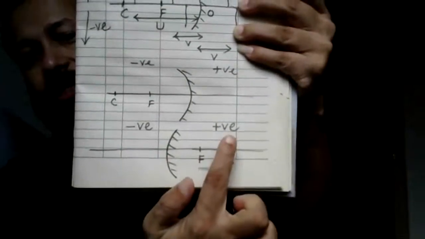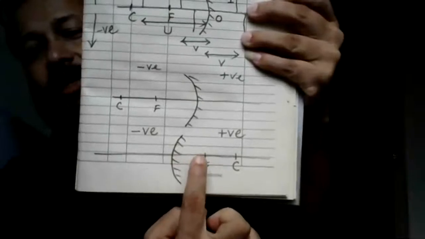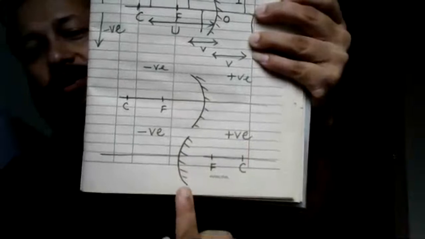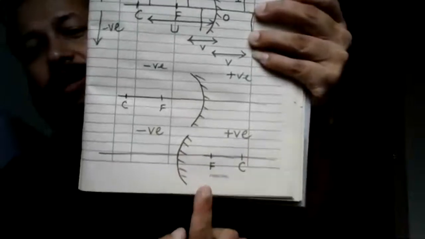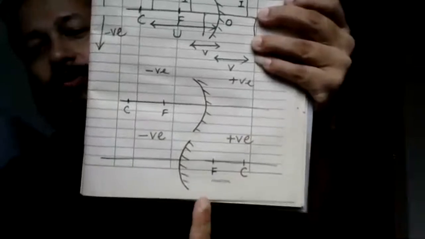Negative side, positive side. Focal length and radius of curvature are both in the positive direction for a convex mirror.